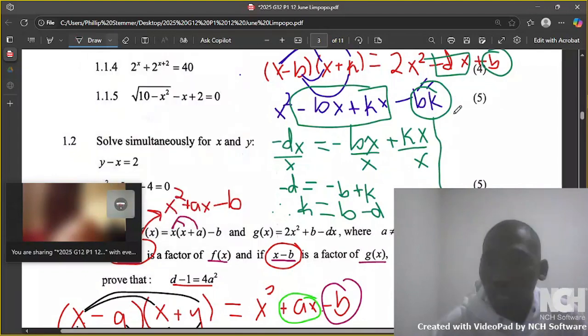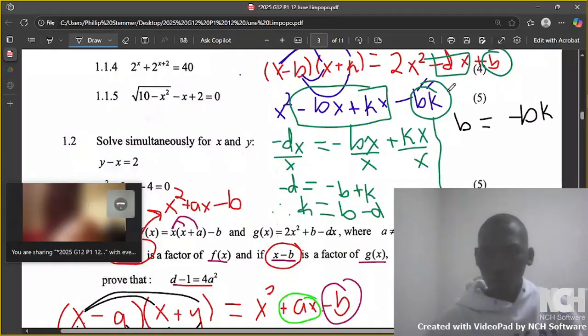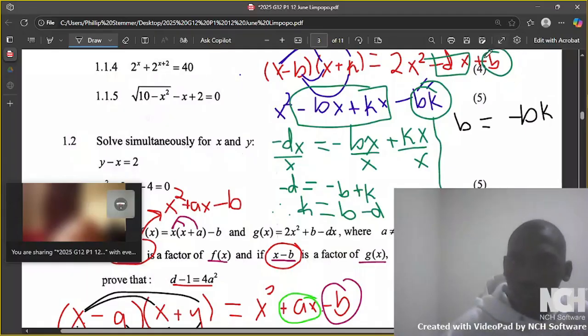The other side here, b is equal to negative bk. b is equal to negative bk. Divide by b.